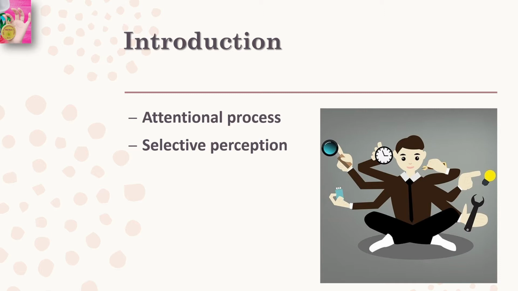If you talk about attention, human beings live in a vast environment, and every moment of human life is in contact with a vast number of stimuli which have the potentiality to stimulate the sense organs, and thus human beings are capable of receiving a huge amount of information from the environment.